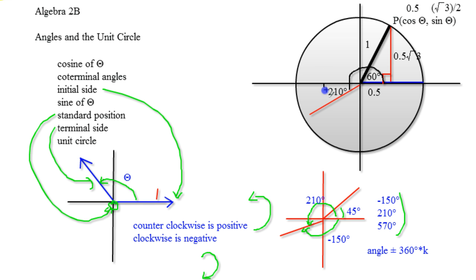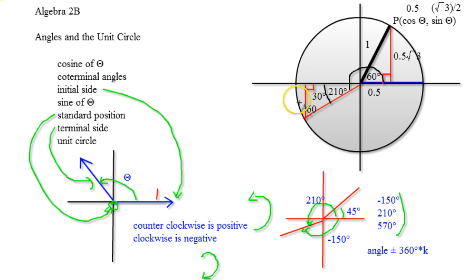We can use a coterminal angle, which is 30 degrees, which it makes with the x-axis right there. Let me finish drawing the rest of this. If that's 30 degrees, that would make this the 60 degrees right there.